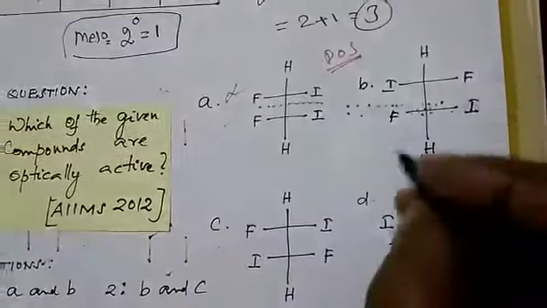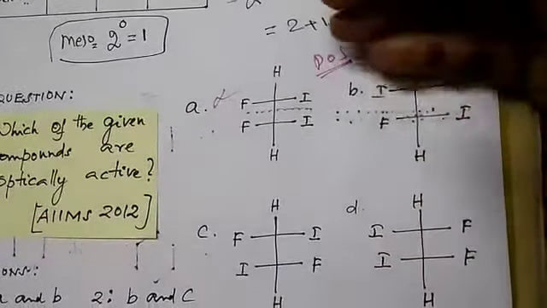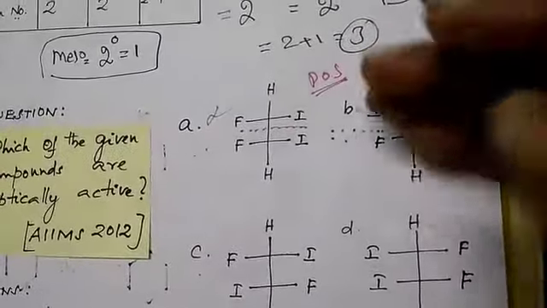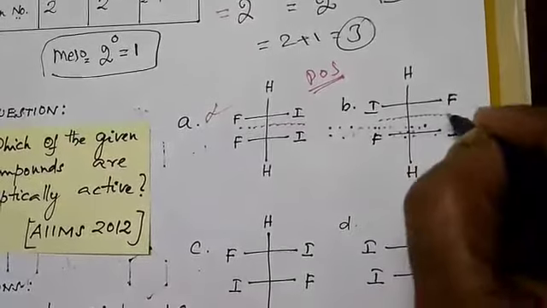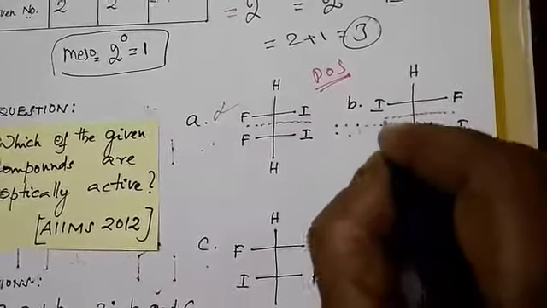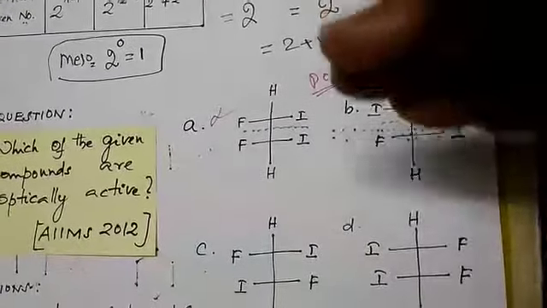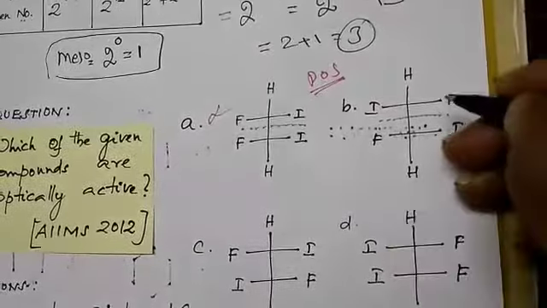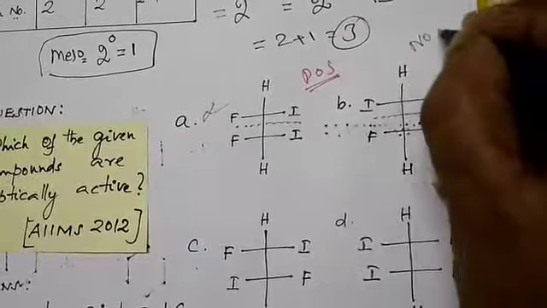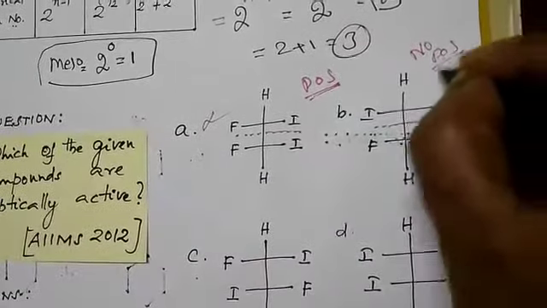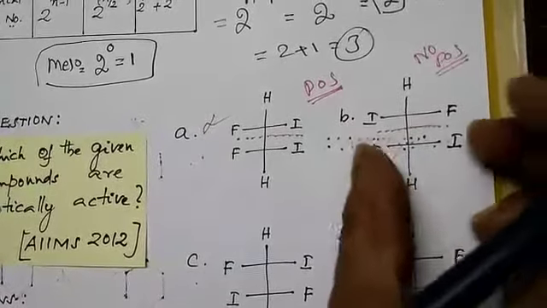Next, you put the line here, and you have 2 equal halves, but they are not object and mirror image. Imagine this imaginary plane of symmetry line I am putting, but the top is not the mirror image of the bottom. Here F is there, I is there, I is there, F is there. So there is no plane of symmetry, and since there is no plane of symmetry, we can expect this is optically active.